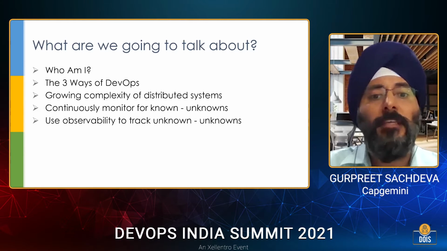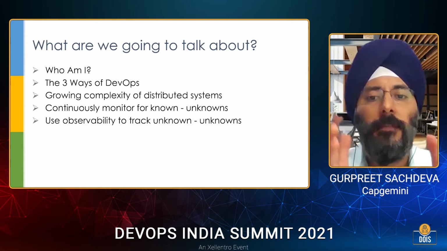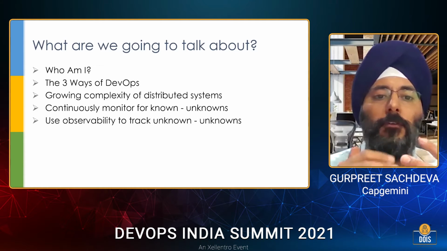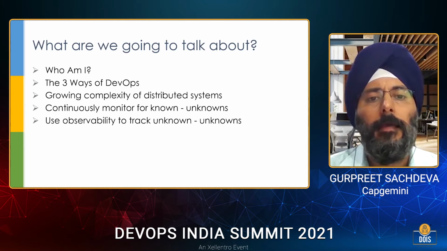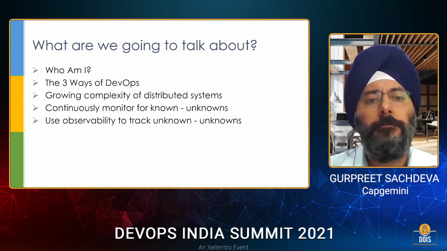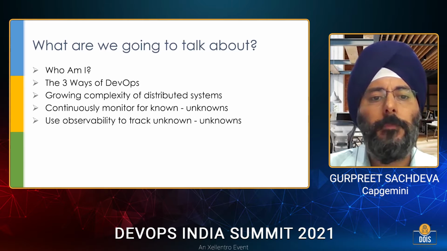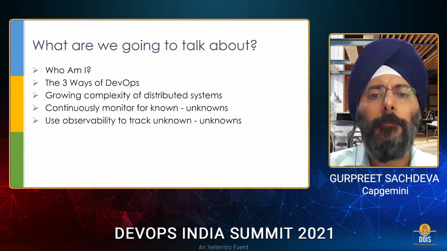And the modern systems have become increasingly complex with the use of microservices, cloud native architectures, and horizontal scalability. And by the very nature, distributed systems are prone to failure. Monitoring techniques like logs, metrics, traces help in tracking any abnormal situations. I will also cover observability techniques, which help in keeping an eye for unknown situations.